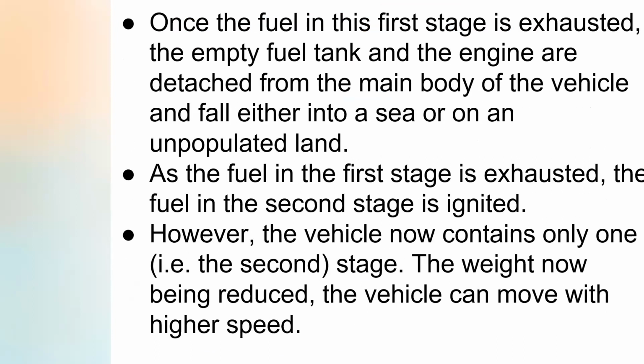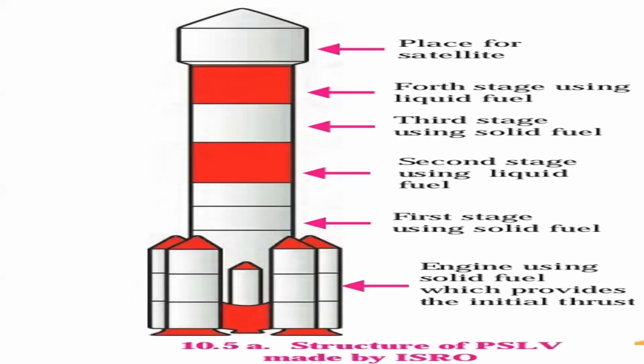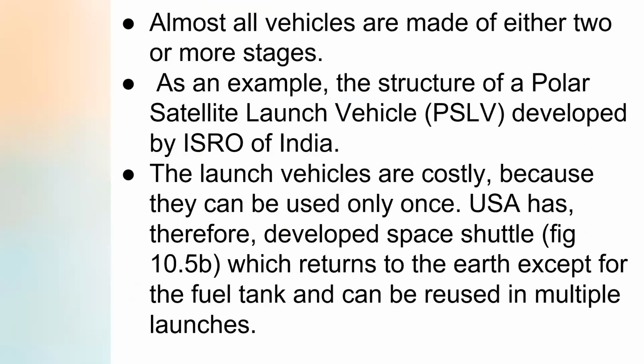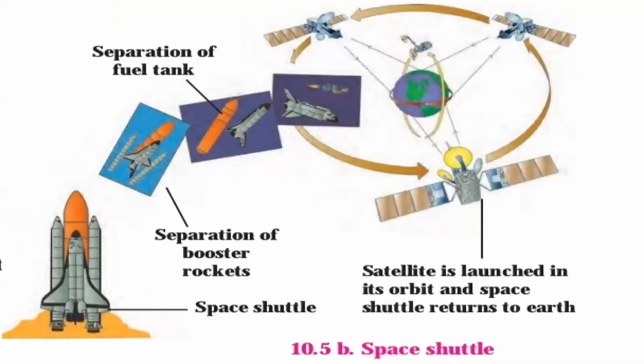Again, what have we seen in this? ISRO has made the PSLV, the Polar Satellite Launch Vehicle, developed by ISRO to launch a satellite into an orbit, while the USA has made a space shuttle which launches a vehicle into orbit and comes back to the Earth, and it is used for multiple purposes. We also saw how a satellite is launched into an orbit using the space shuttle.